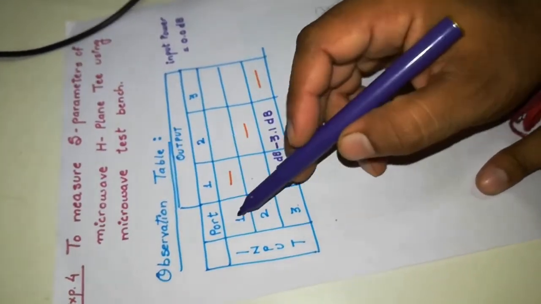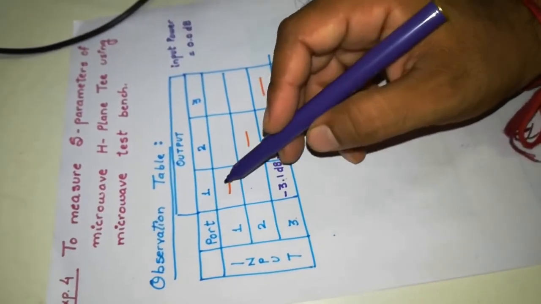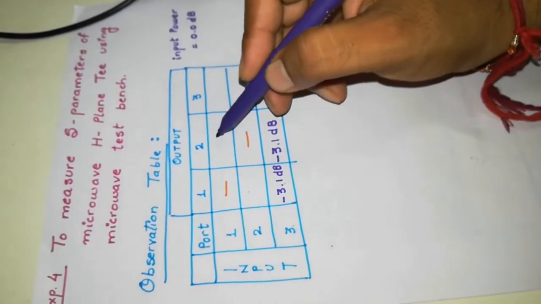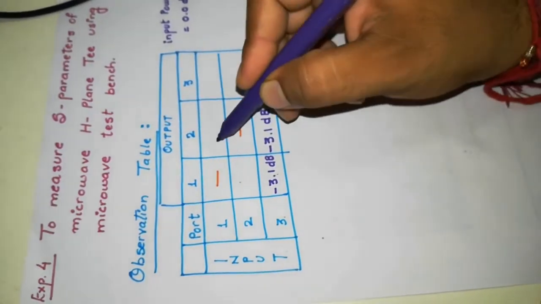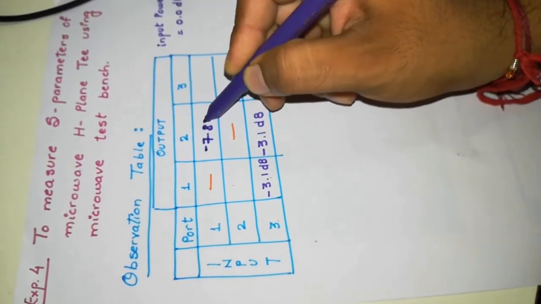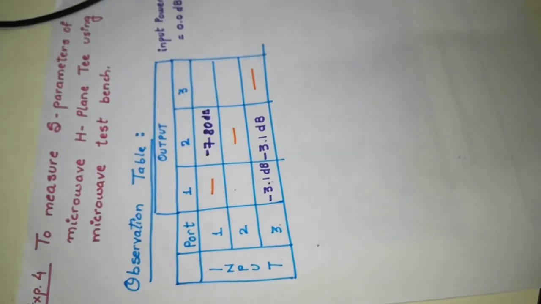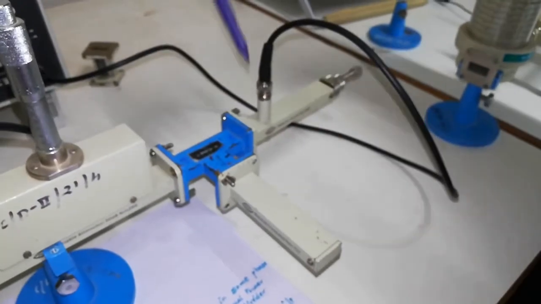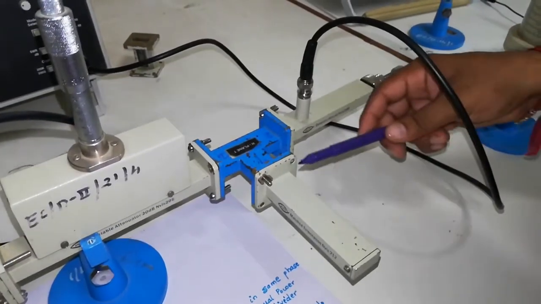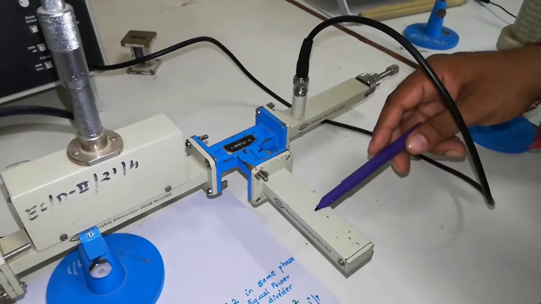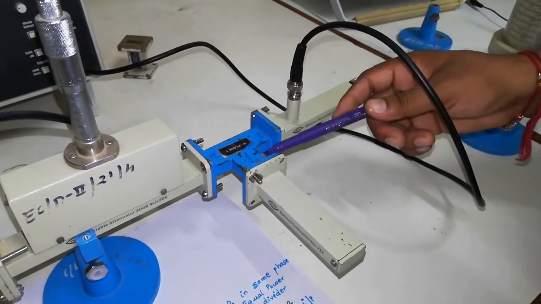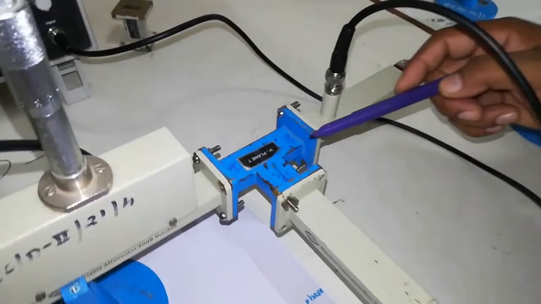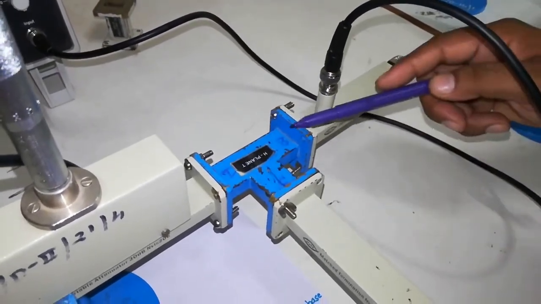Our input power is 0 dB, and we are giving it at port number 1, so we don't have to measure at port number 1. At port number 2 we are getting power equal to minus 7.80 dB. Next, we will interchange this detector mount and this matched termination. Then we will measure power at port number 3 and match terminate at port number 2.